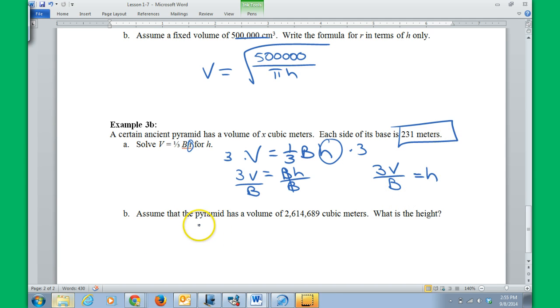We're going to have 3 times the volume on the top, and then for the base, it's 231 squared. So you should have gotten, if you put that in your calculator, 147. Okay, that's in meters.